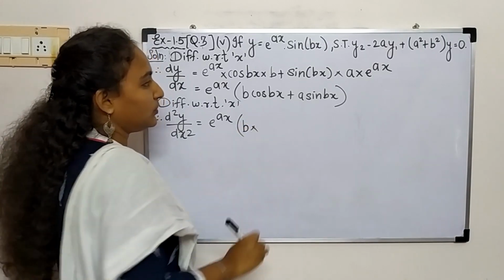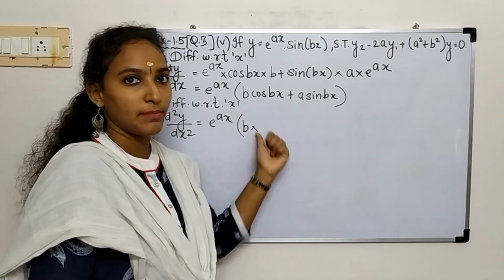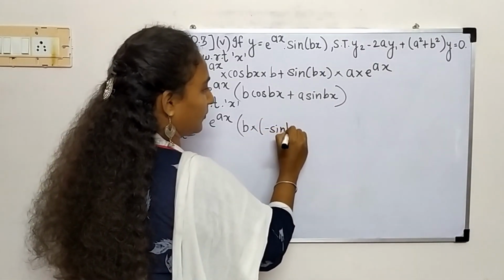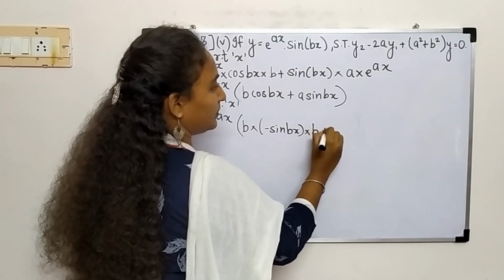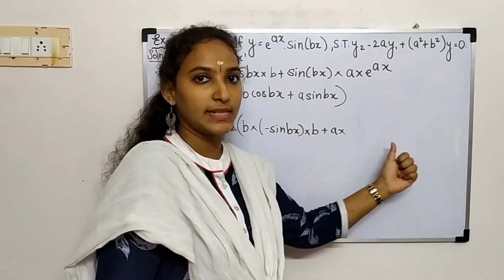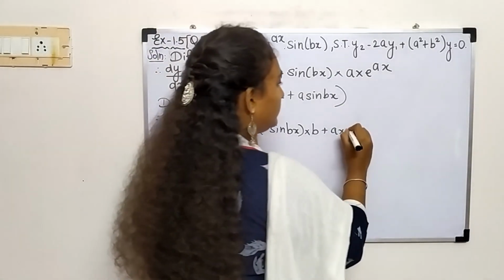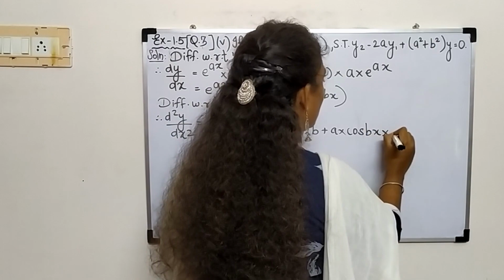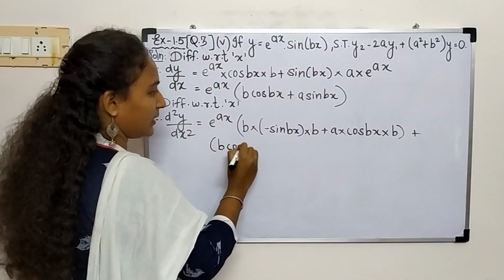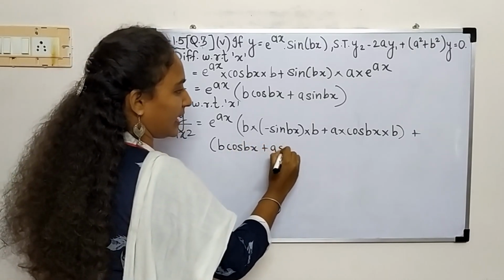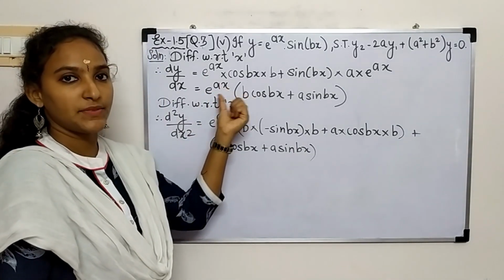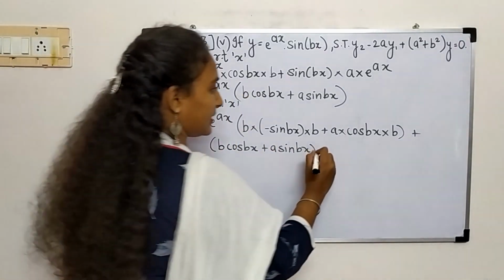See, b into derivative of cos bx is minus sin bx into b, plus a into derivative of sin bx is cos bx into b, plus b cos bx plus a sin bx into derivative of e power ax, which will be a into e power ax.